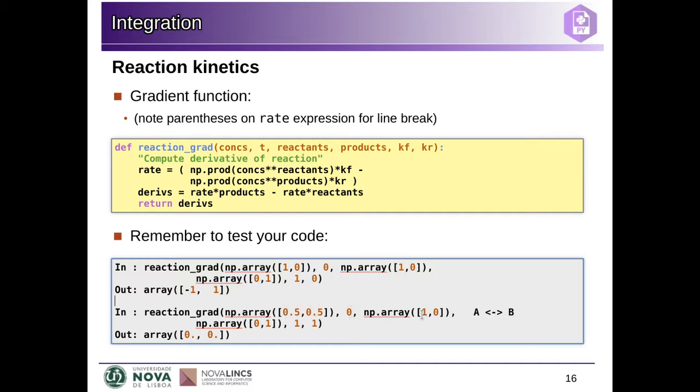The stoichiometry is the same. There is 1 A and 0 B in the reactants, and 0 A and 1 B in the products. So in this case, since this is at equilibrium, the constants are the same and the concentrations are the same, we should have derivatives of 0, and we can check that the two derivatives are 0. So basically, I'm going to be omitting all these tests, but remember, you should always figure out some tests to do to make sure that your functions are working.